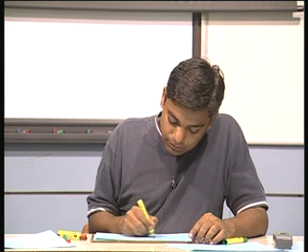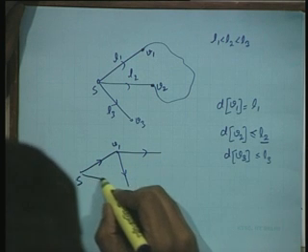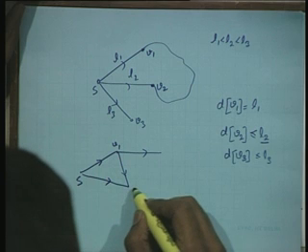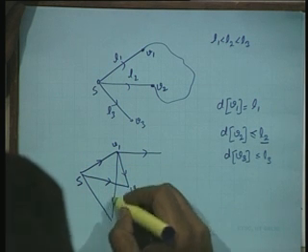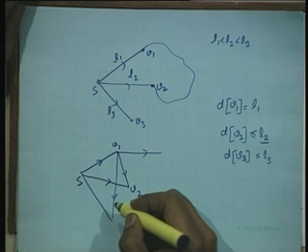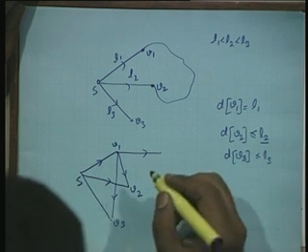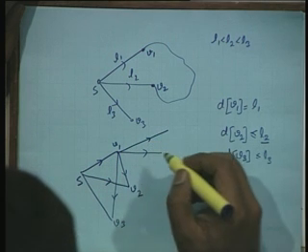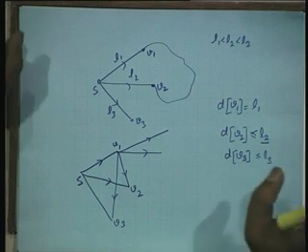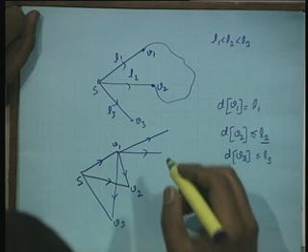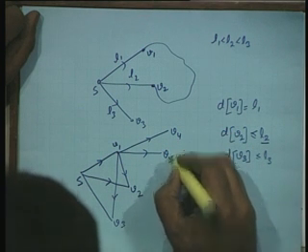V1 से मान लीजिए एक एज ऐसे जा रही है, एक एज हमारे V2 को जाती है और एक एज V1 से V3 को भी जा रही है. ठीक है, और V1 से एक एज और ऐसे जाती है. I am just taking an example and soon we will concretize the algorithm, right? So don't worry too much about it. Let's say V1, V2, V3, ये V4 है और ये V5 है.